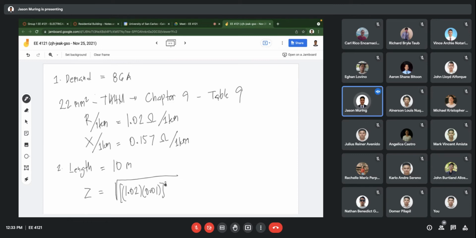This will be your resistance for this 10-meter conductor, plus 0.157 times 0.01, squared.